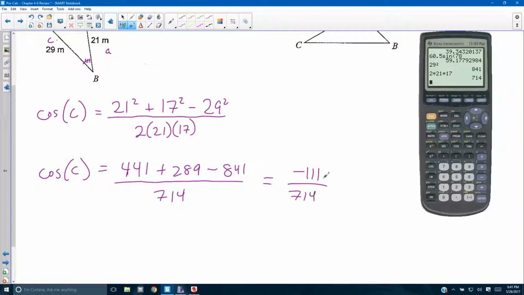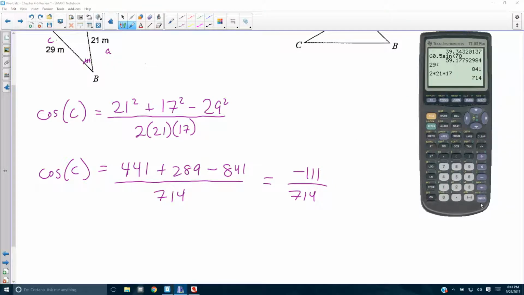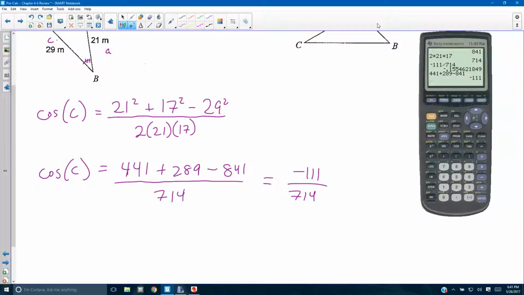Okay, last time I'll do something like that if I have the calculator already out. Sorry about that. From time to time, that's something I have to do for myself. I'm not saying I'm doing it for you. I want to make sure my answer was right, and to see that I can store numbers right. Negative 111. So what I'm going to do is take the inverse cosine of this thing here to solve for angle C.